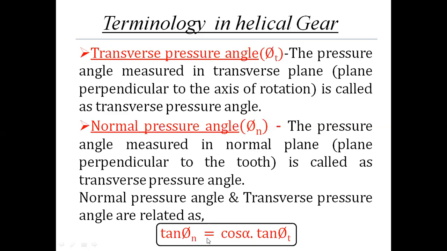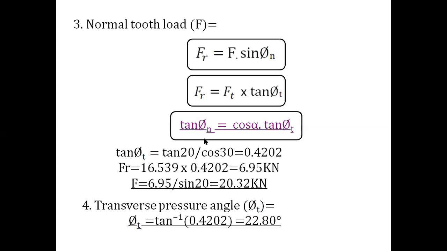Tan phi n is equal to cos alpha into tan phi t. I'm using the same formula here for solving the numericals. Phi n is given, alpha we know, only we have to find out tan phi t.